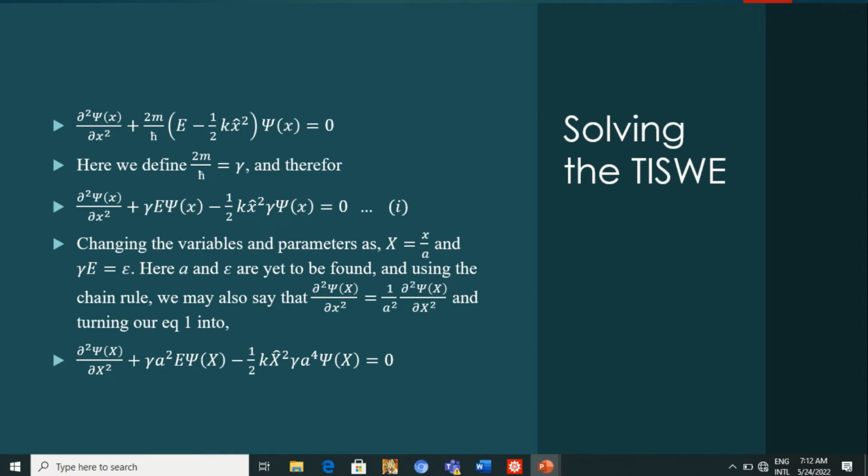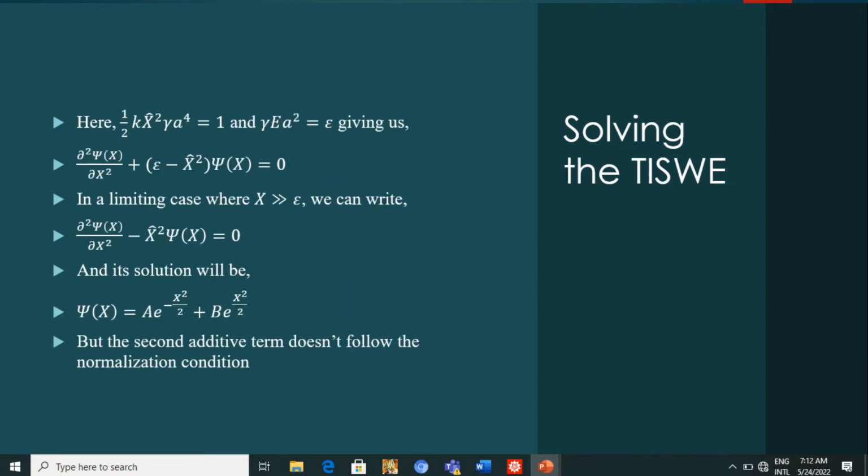So that will turn our equation number 1 into d2 psi over dX square plus gamma a square E psi minus 1 by 2 k X square gamma a power 4 psi of X equals 0.